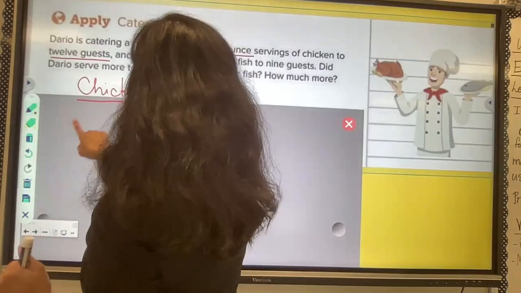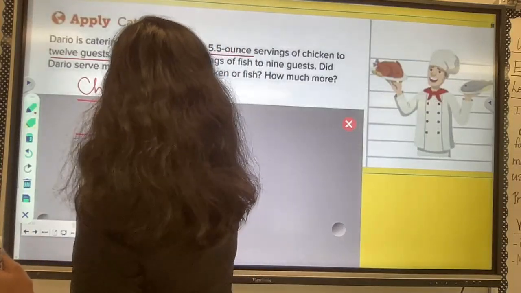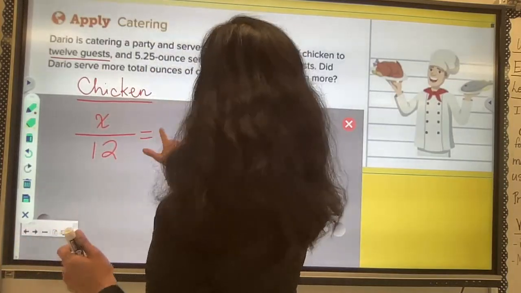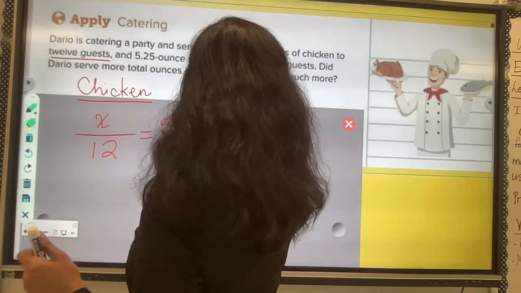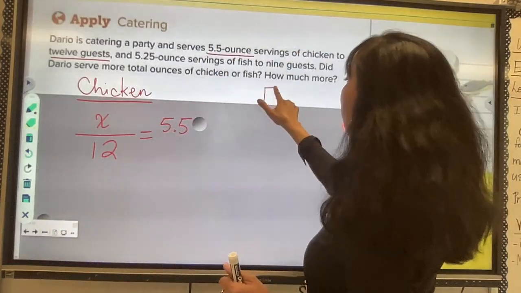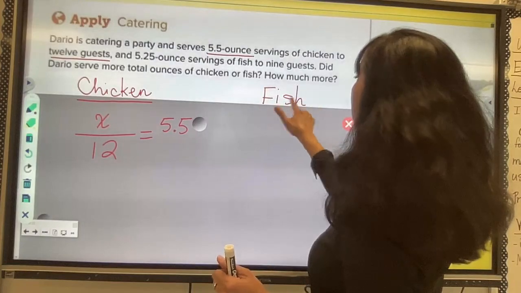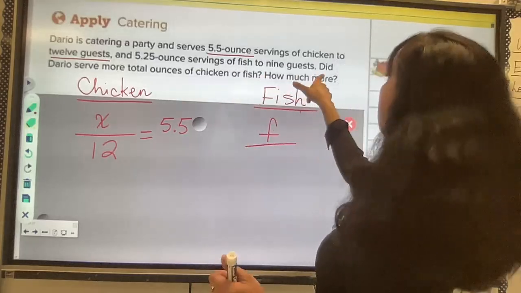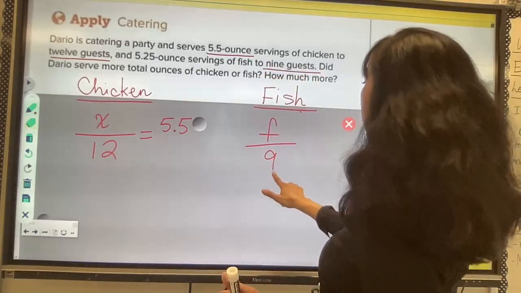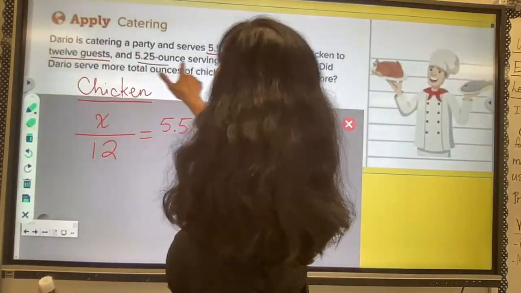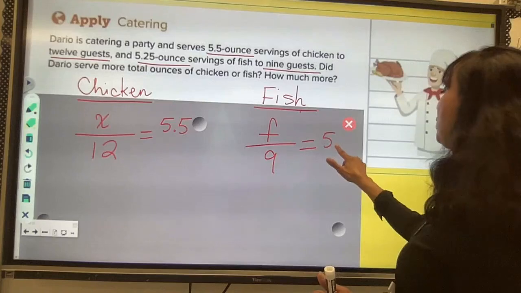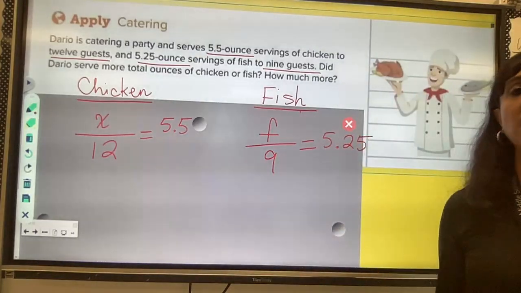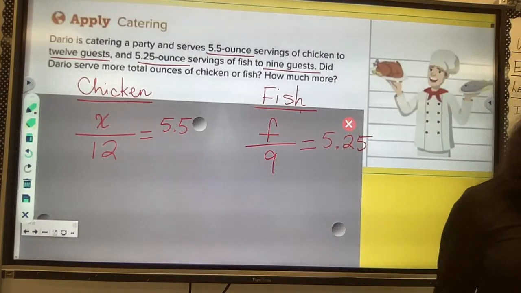We're going to do x over 12 guests, and you get 5 5/10 ounces. All right. For the fish, I'm going to say f over how many guests? We have 9 guests, gives me this much, 5 2/500. So once I've written out these equations, I'm going to go ahead and solve it.